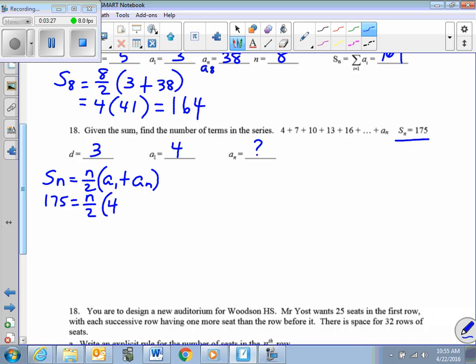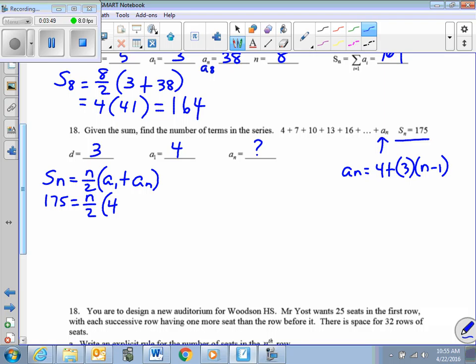And why don't we do this? Why don't we figure out what the rule is for a sub n, and then we can plug that in. So let's come over here to the side. Remember, the rule for a sub n is a sub 1 plus d, we know d is 3, times n minus 1.